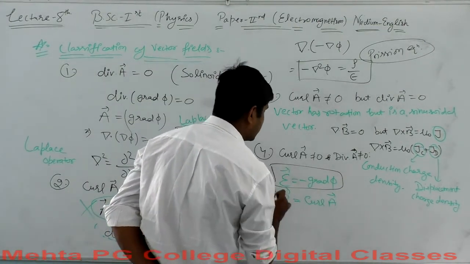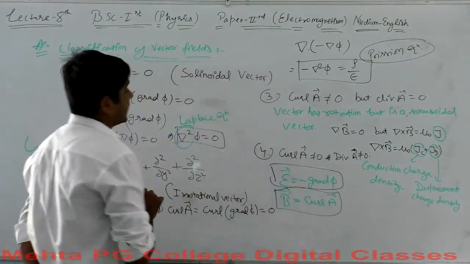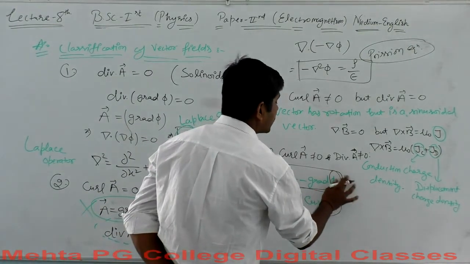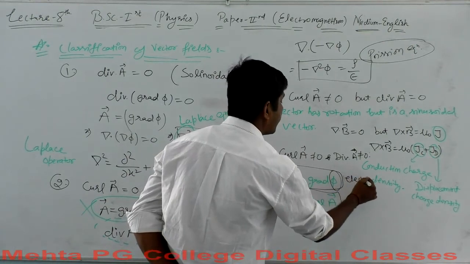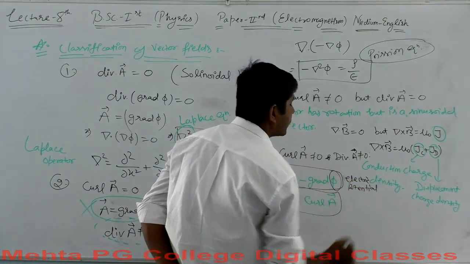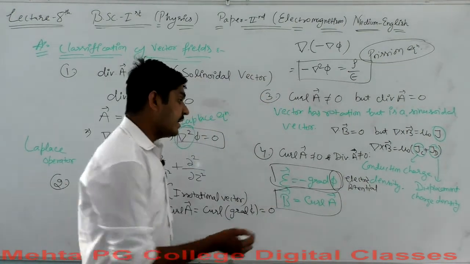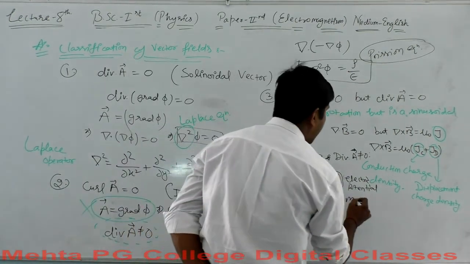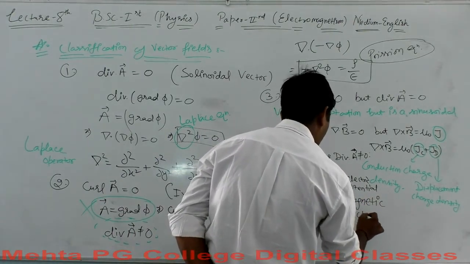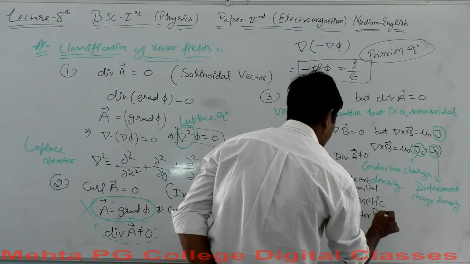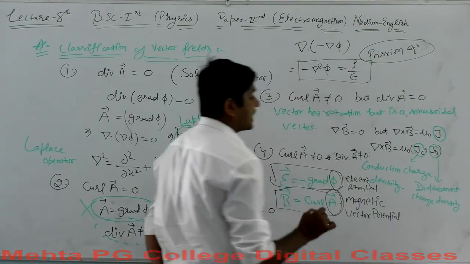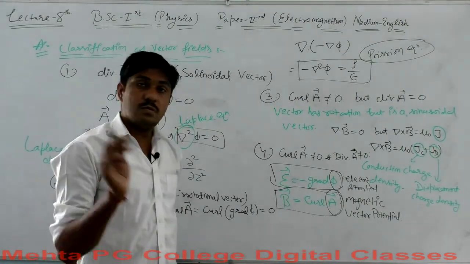all kinds of vector fields, where phi is electric potential, because electric potential is a scalar quantity, but A vector represents the magnetic vector potential.